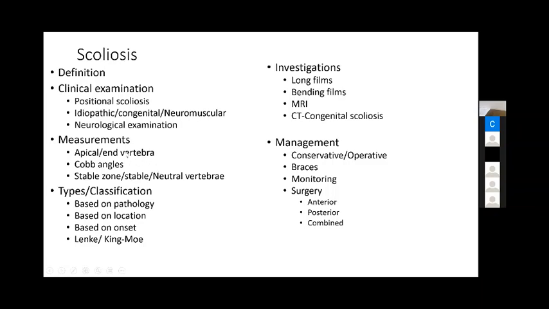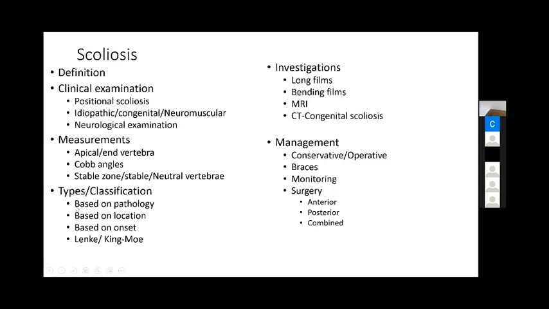You can define where they are and how you decide them, and then measure the Cobb angle. Other concepts are the stable zone and stable vertebra, which you can see on the bending films, the vertebra which is not moving. The classification most commonly used is the Lenke classification. It's very complex. If you are interested, you can learn it. Another one which you might be asked about in the exams is the King-Moe classification.